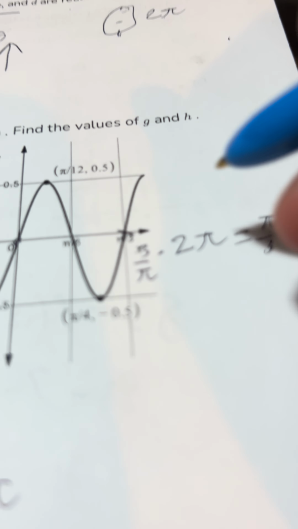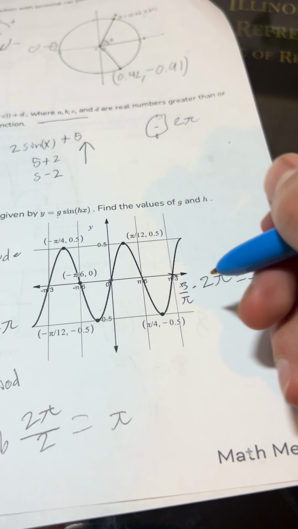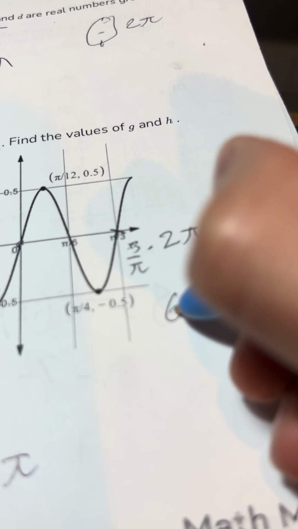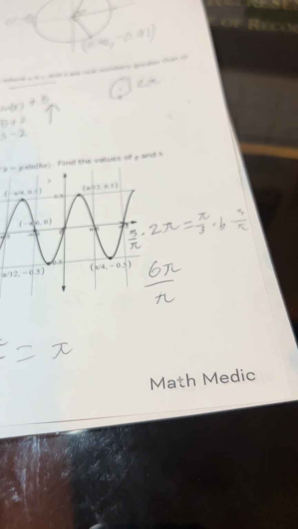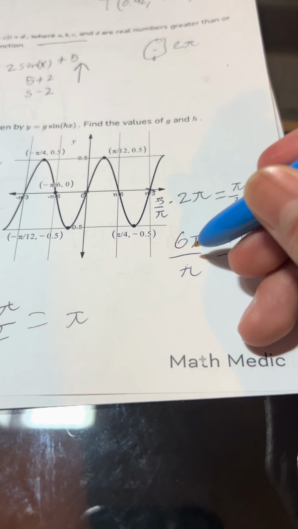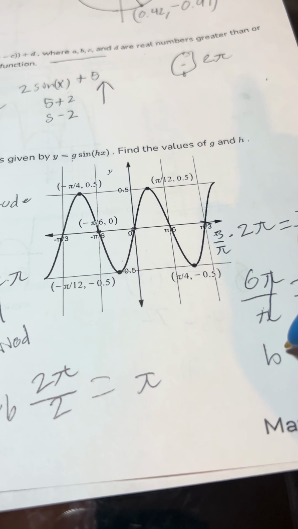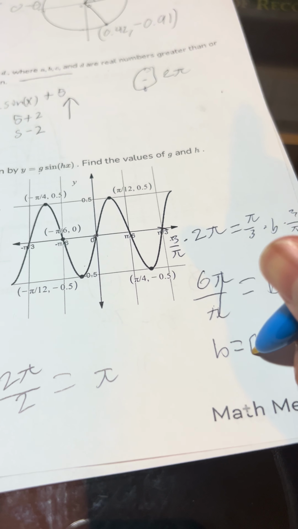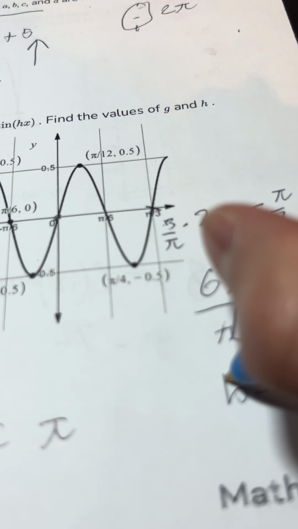Then this 3 over pi times 2 pi, we combine into 6 pi over pi, and that would be equal to b. Simplifying, these cancel. B equals 6.